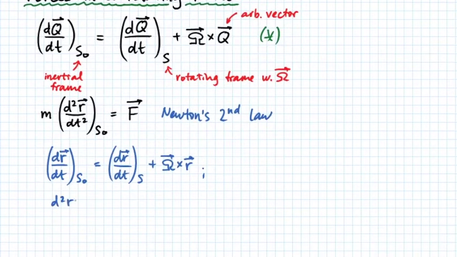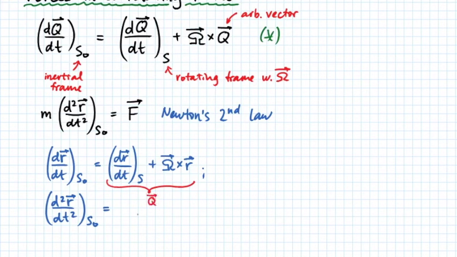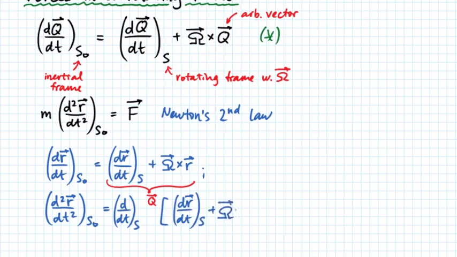Next, we proceed with writing the second derivative of position with respect to time relative to inertial frame S0 as, and here we call the new vector q to be equal to the first derivative of position with respect to time, and thus we get d dt with respect to frame S of this newly found vector dr dt relative to frame S plus omega cross r.